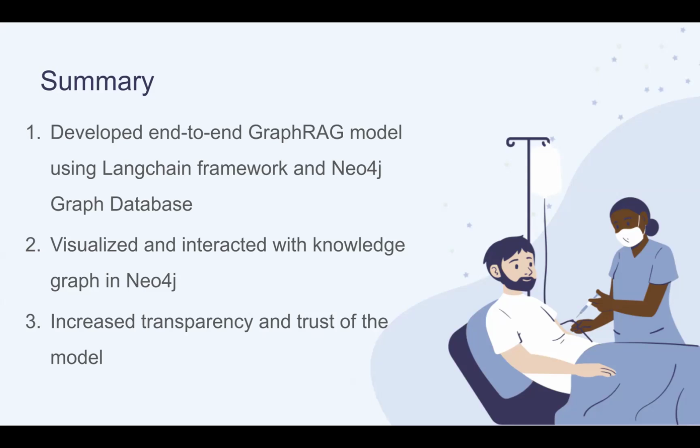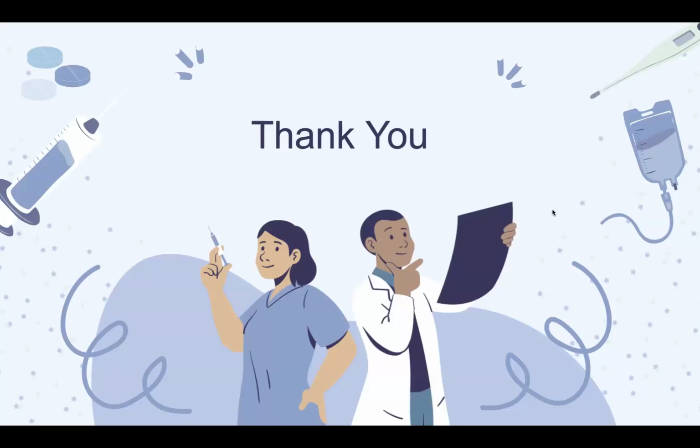So it's a good interactive interface for users to really see what's behind the scene. And lastly, this method increased the transparency and trustworthiness of the black box model. So thank you very much. I hope you enjoyed it.